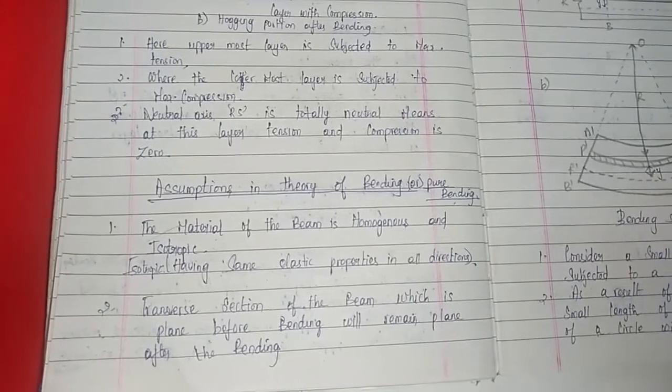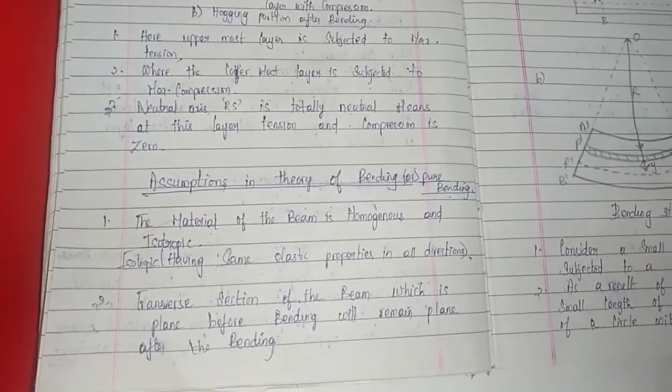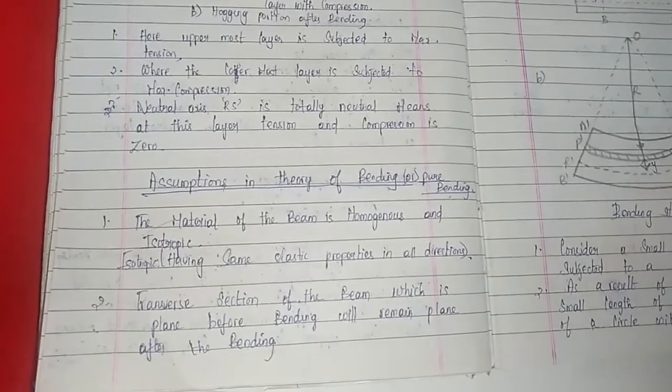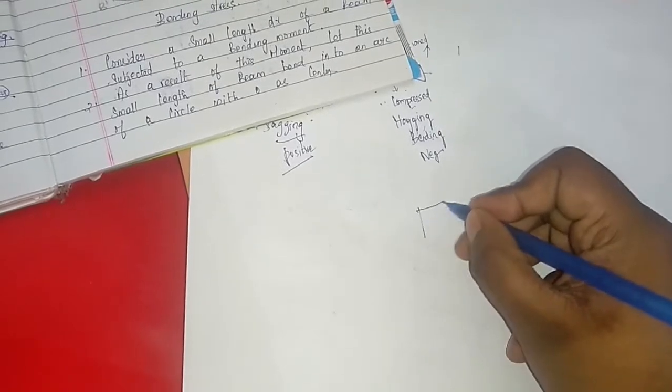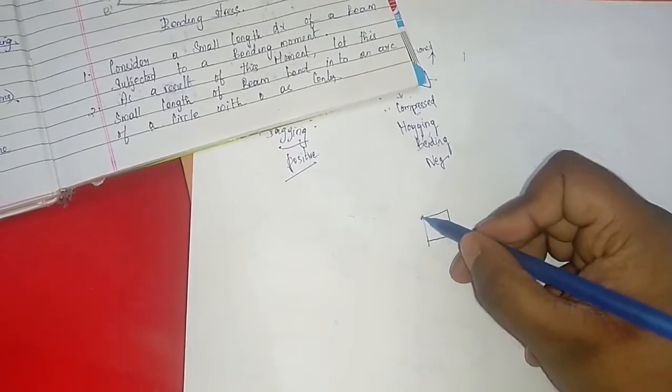Okay. So next one, the transverse section of the beam which is plane before bending will remain plane after the bending. So what is a transverse section? See, I will draw a beam. So this is a beam.